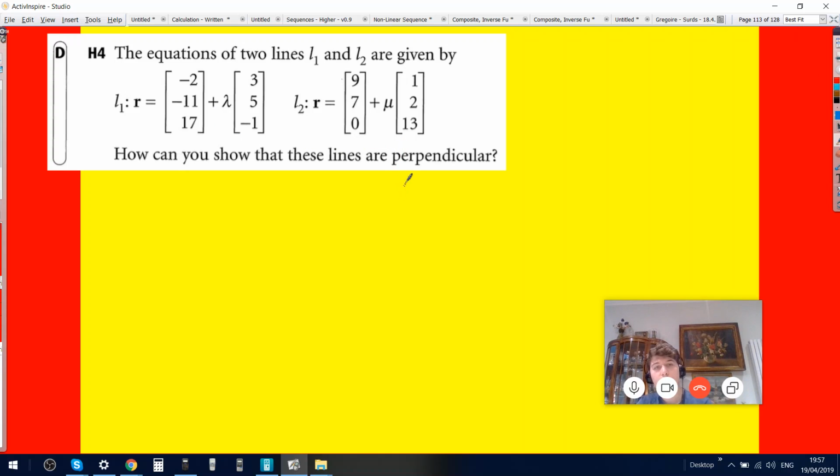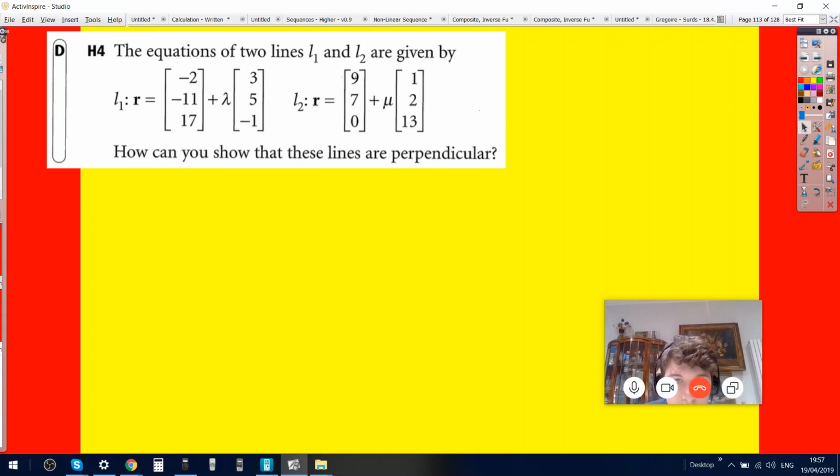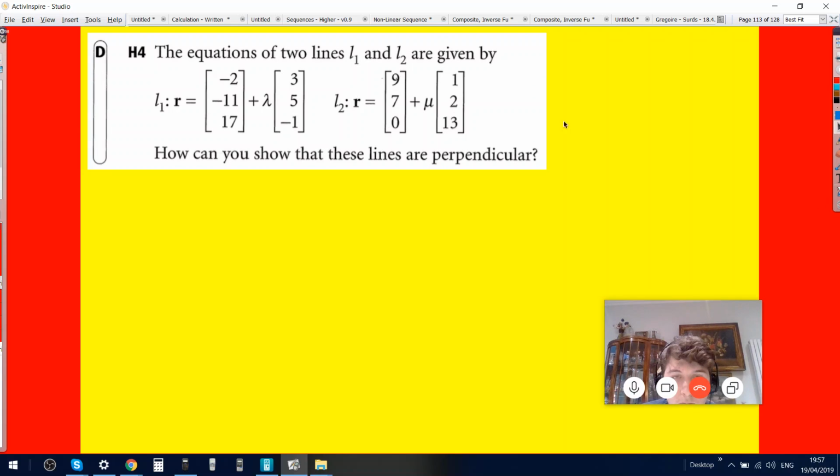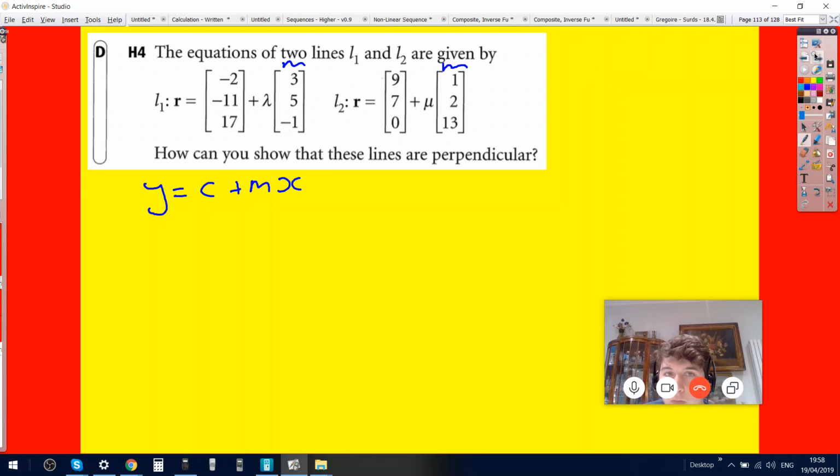Can you show that these lines are perpendicular? You haven't done vector lines, have you? The equation of a vector line? No. Okay, just in case you do, it's basically y equals mx plus c. This is the m, and this is the m, and you do the dot product of those two and see if you get 0.